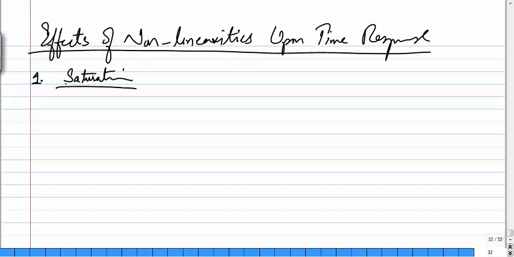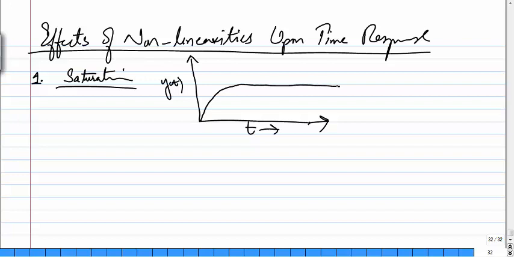In saturation, if you have a response, how does the response look without saturation and with saturation? If it is saturated, it will get stuck here, but if it's not saturated, it will go where it wants to.